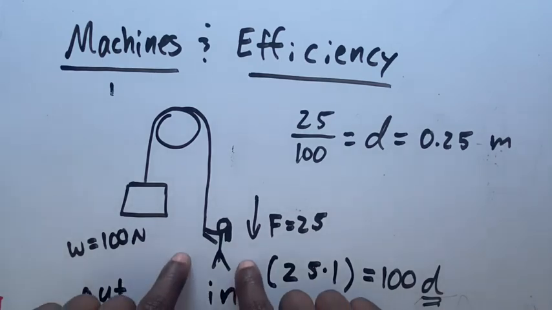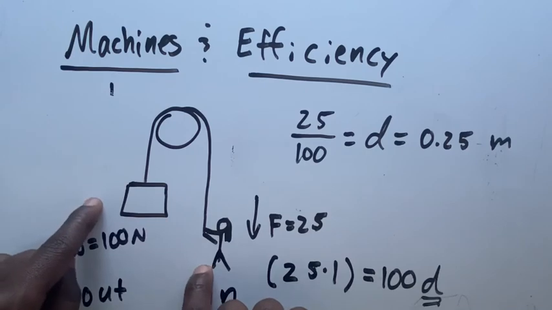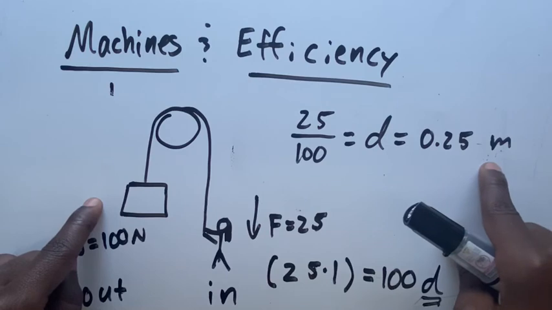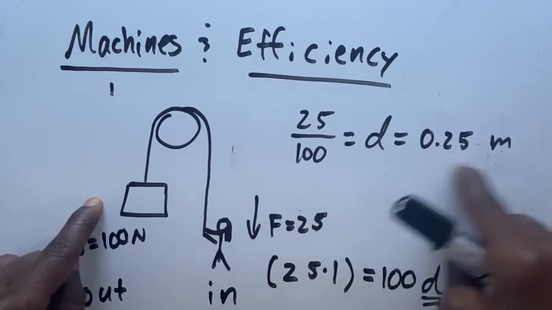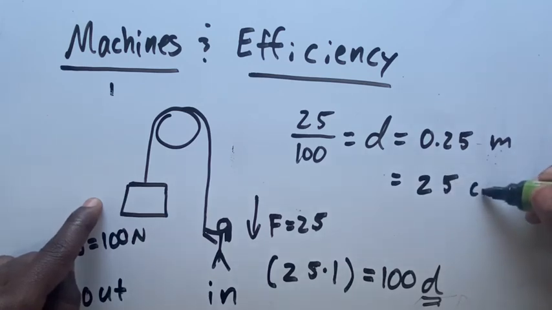So for every 1 meter that she pulls on this rope, the box is lifted up by 0.25 meters, which is the same as 25 centimeters.